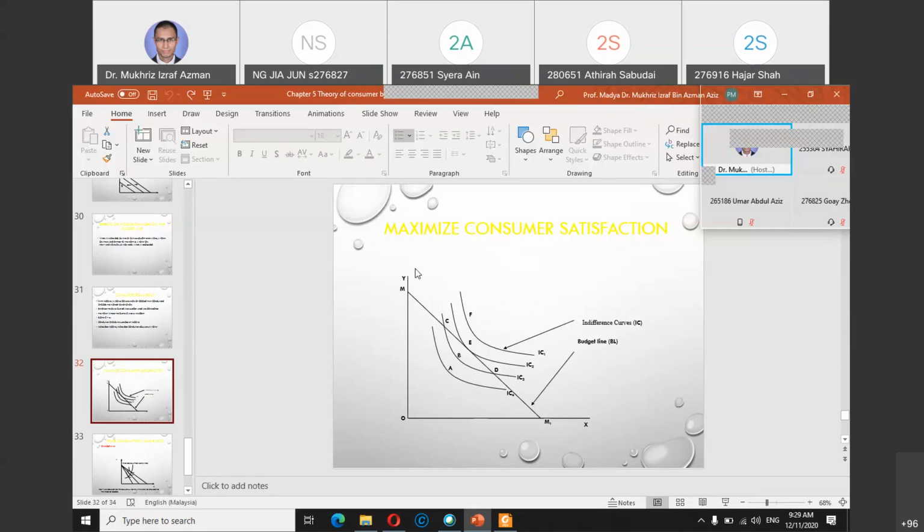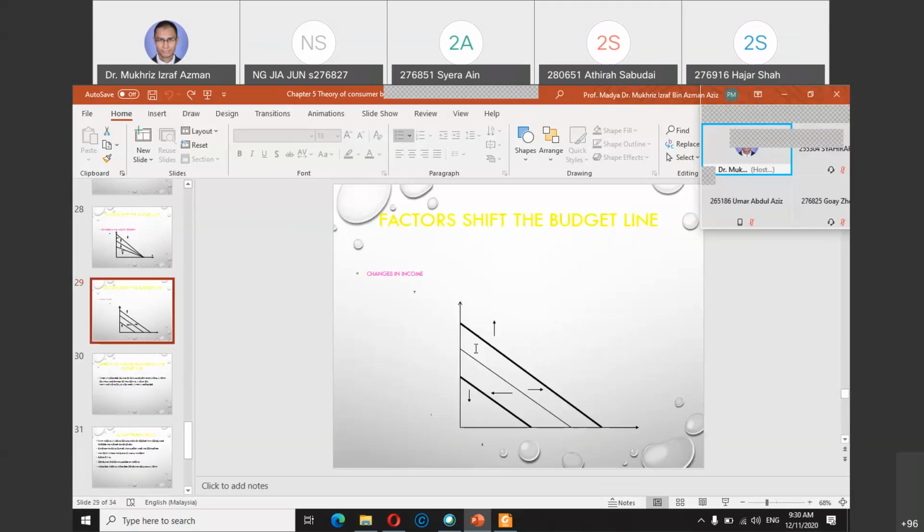So when you draw your budget line, the budget line is fixed. It depends on how much income you have and also the price of X and Y. Assuming that your income does not change and the price of X and Y also does not change, because if it changes, you see something like this.